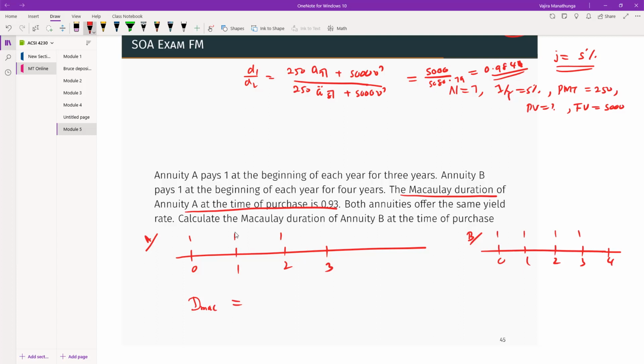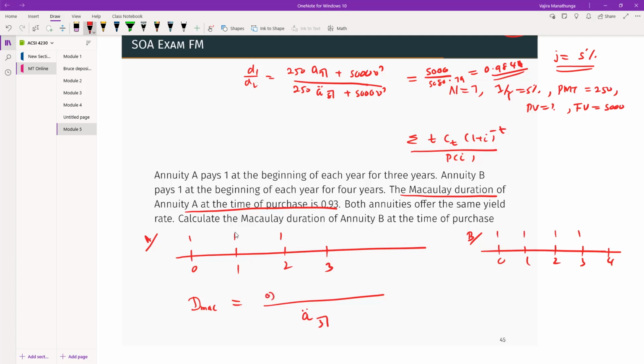You can see, if I use the formula, which is sigma t times C_t times (1 plus i) to the negative t, divided by price. Okay. So the price of this is annuity due.